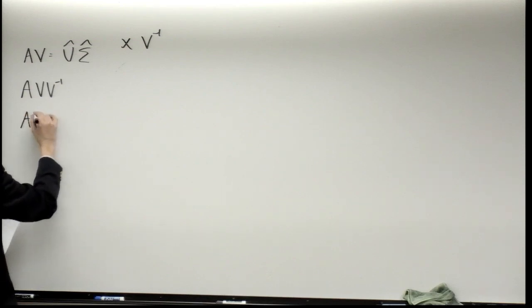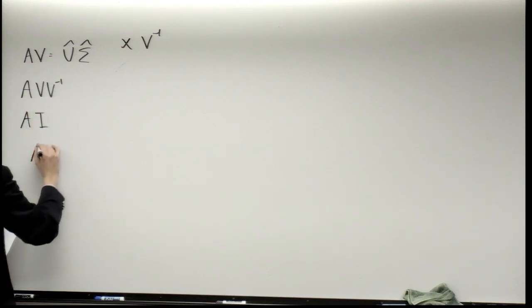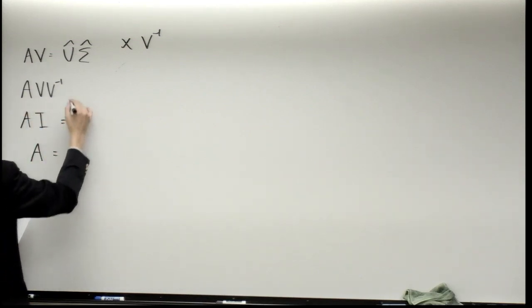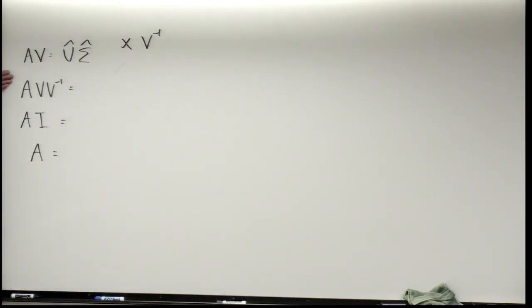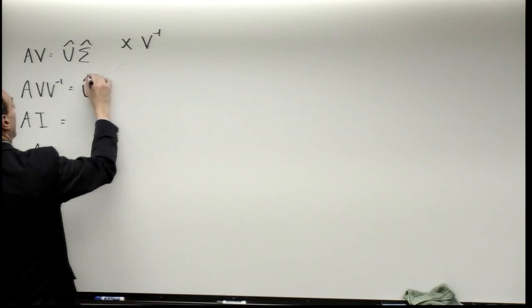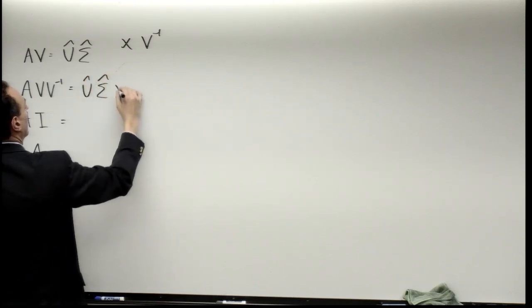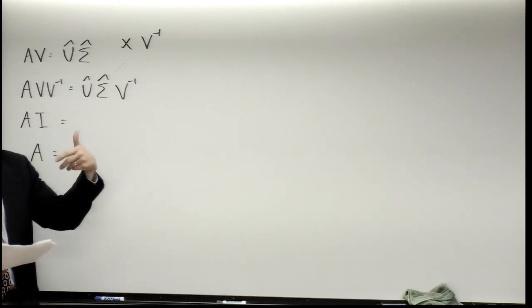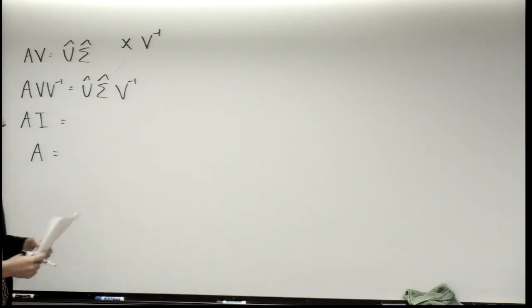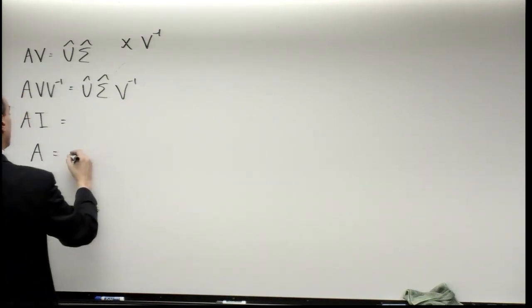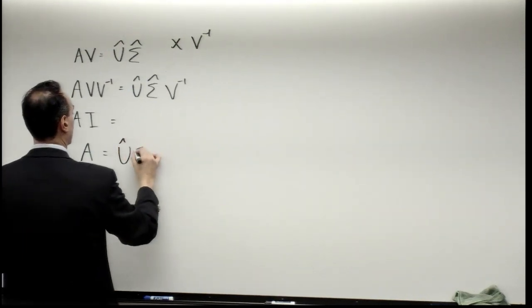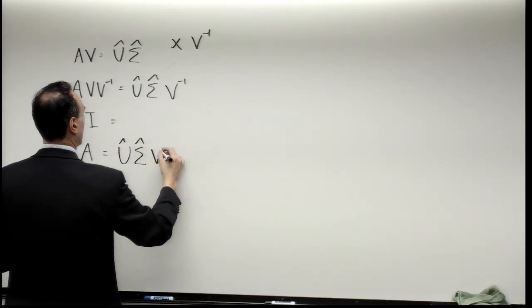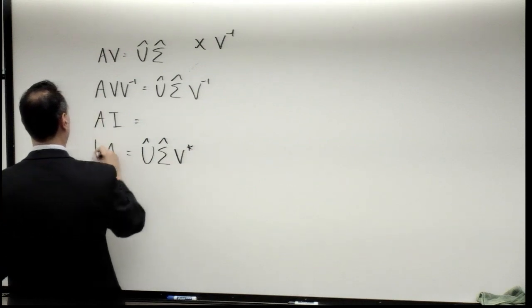So this is equal to A times I, which is equal to A. So that's the left side. The right side is U hat sigma hat V minus 1. But if you remember, the inverse is the same as the complex conjugate transpose of V, okay? So that gives you U hat sigma hat V star.